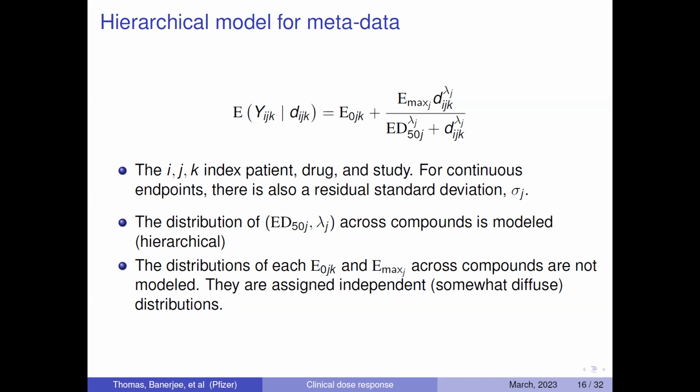The Emax parameter is compound specific or drug specific, so that's got just a J on it. For the power parameter and the ED50, again, there's one of those for each drug. That's the basic model.